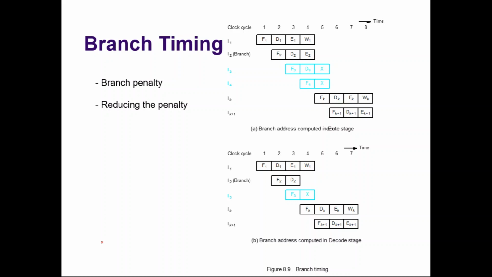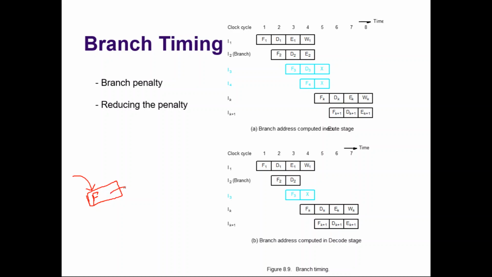Some processors come with a sophisticated fetch unit that, immediately after fetching an instruction, has the ability to identify whether it is a branch instruction or not. Suppose the fetch unit can detect whether the currently fetched instruction is a branch instruction.